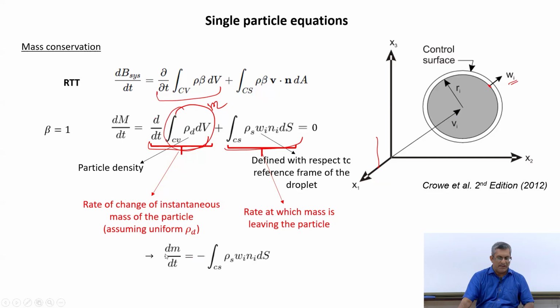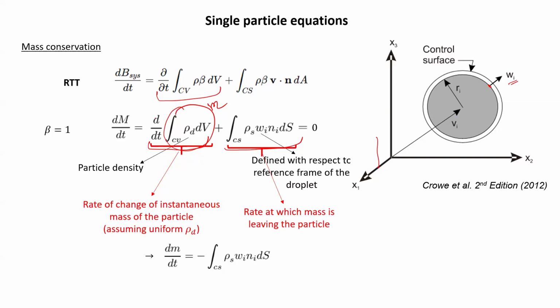But from here, what do we get? dm by dt is equal to minus of this term. So, if you see intuitively, this makes sense that you have a particle which is evaporating. So, the rate of change of mass of this particle has to be equal to the rate at which it is evaporating, and that is what it is telling you.